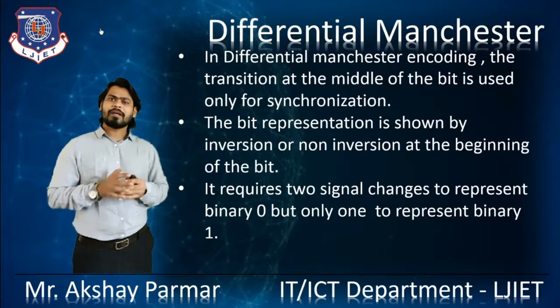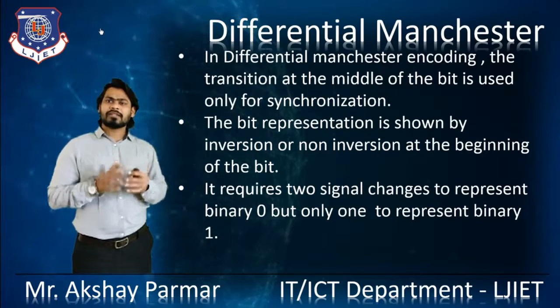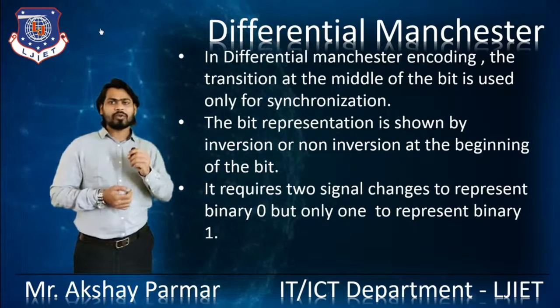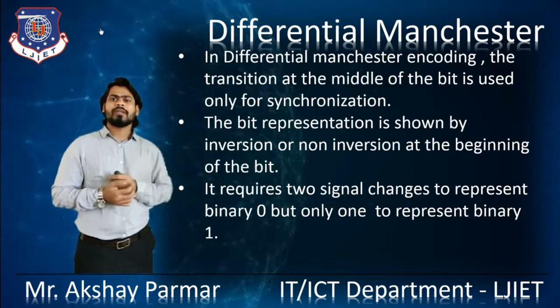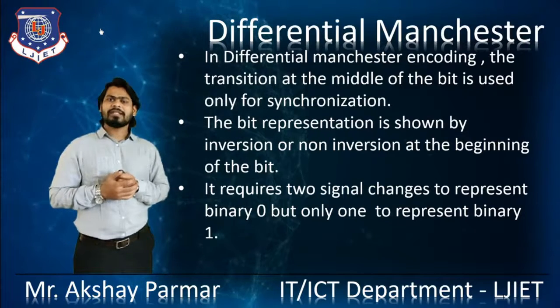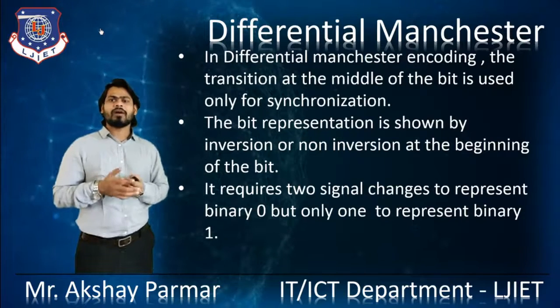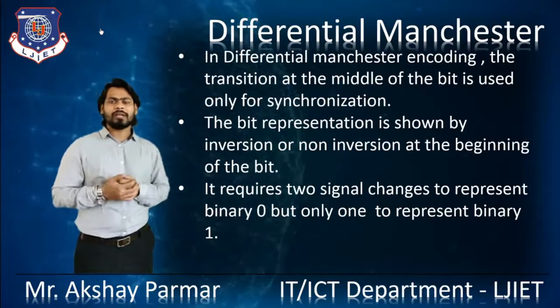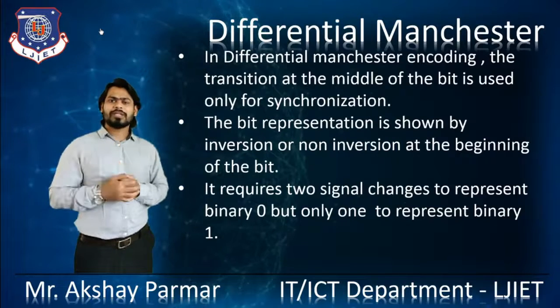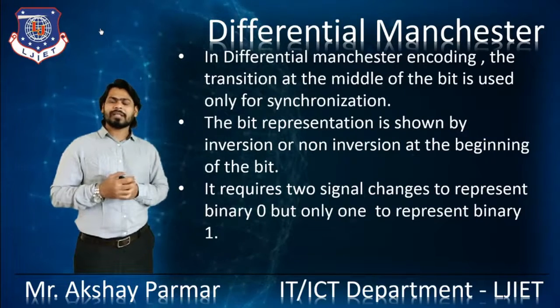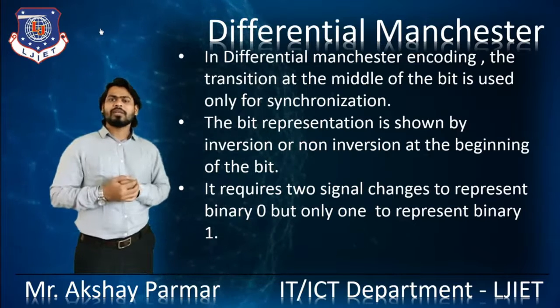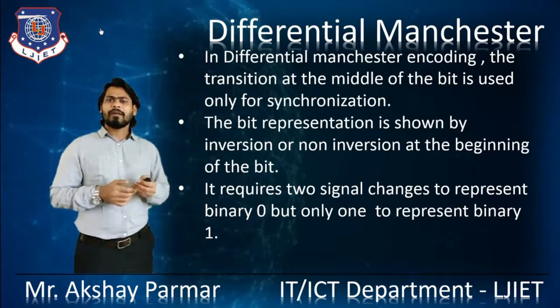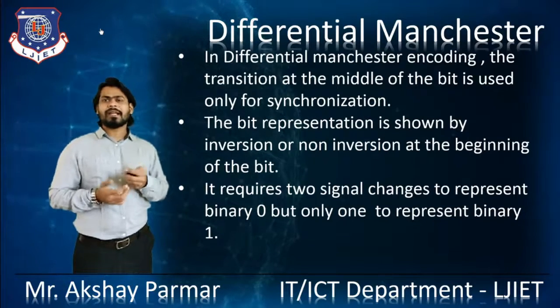The bit representation is shown by inversion or non-inversion at the beginning of the bit. It requires two signal changes to represent the binary 0, but only one to represent the binary 1.